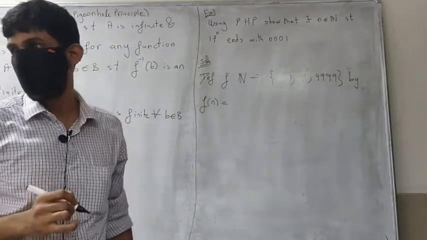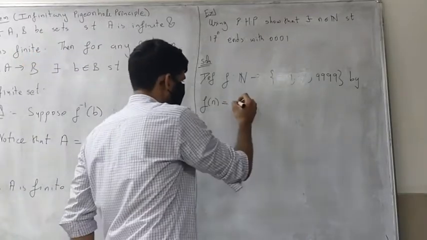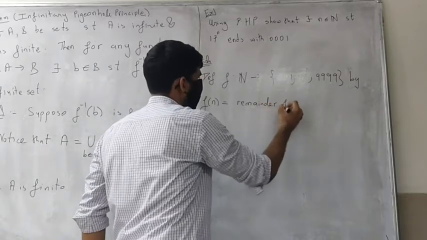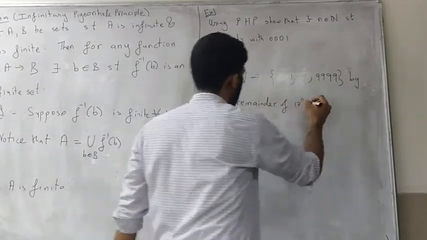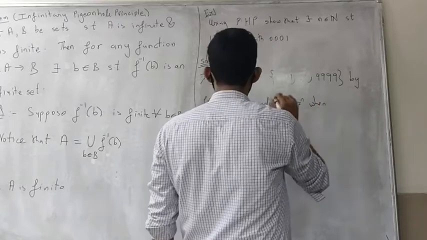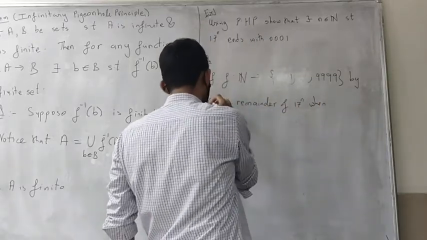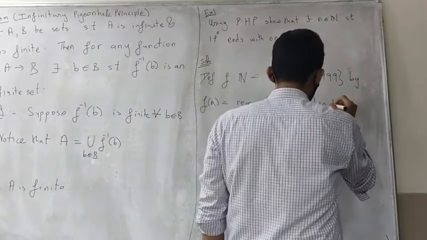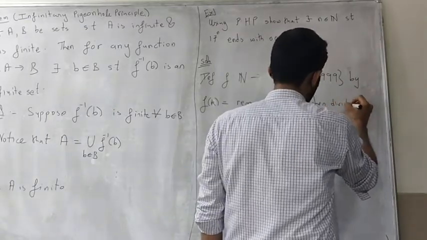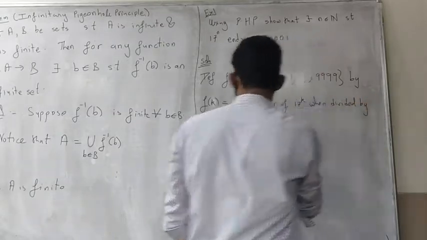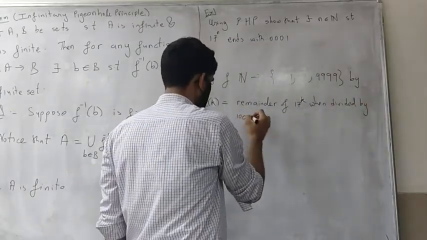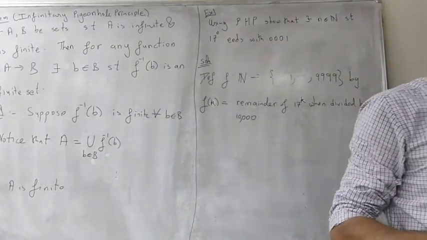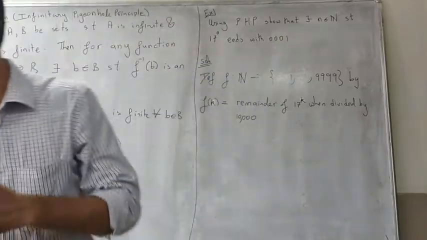when divided by 10,000. Okay, I will just use k here. I'll tell you why later, or you'll realize later. Now can you see what has happened?